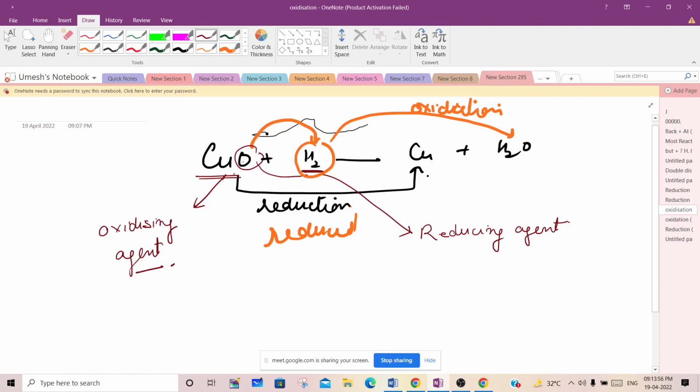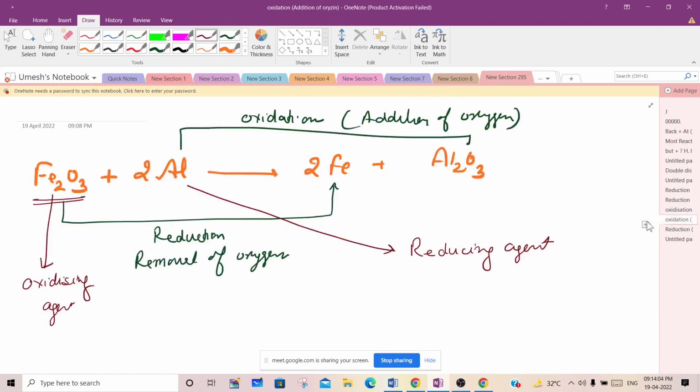And copper oxide is an oxidizing agent because it is giving oxygen to the H2 for oxidation. Similarly here, aluminum is snatching oxygen from the Fe2O3, and Fe2O3 is adding oxygen to the aluminum as the oxidizing agent. Am I clear? Yes, sir.